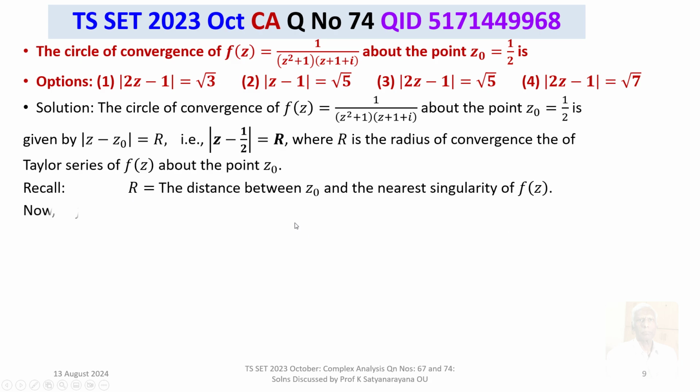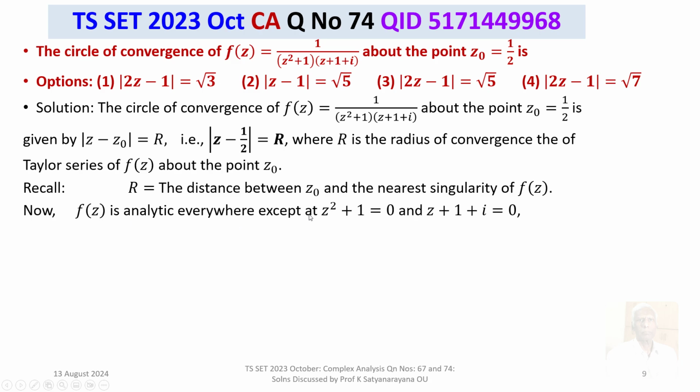Now f of z is analytic everywhere except where z square plus 1 is equal to 0 and z plus 1 plus i is equal to 0. That is, z is equal to plus i, minus i, and z is equal to minus 1 minus i. These are singularities, and they are poles.